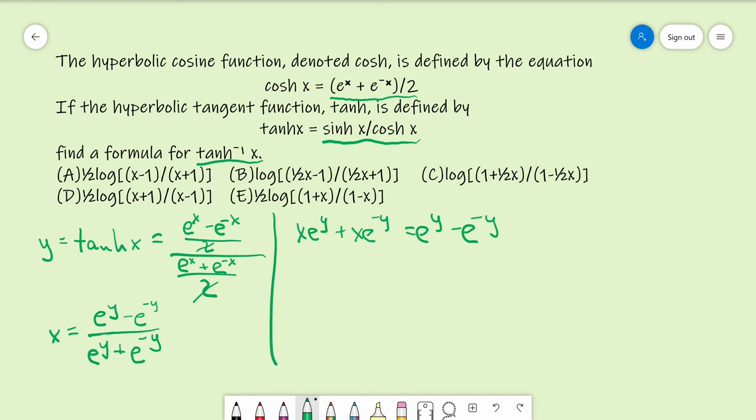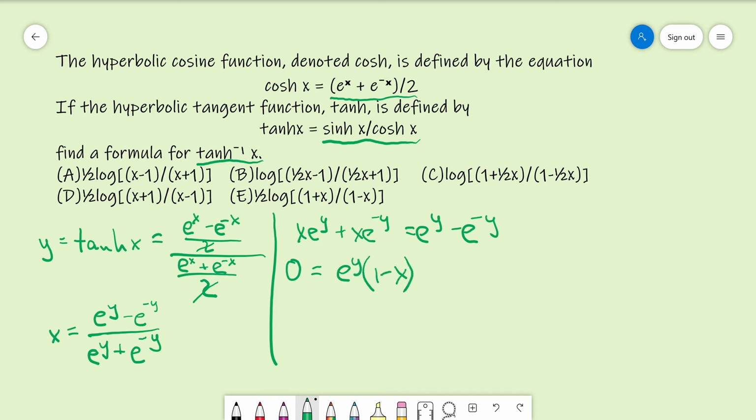Let's bring all the terms to one side of the equation, and let's collect all the e to the y's. So we'll have e to the y times x minus 1 plus, let's do it the other way. Let's bring everything over to the right side. Okay, so we'll have 0 equals e to the y times 1 minus x.